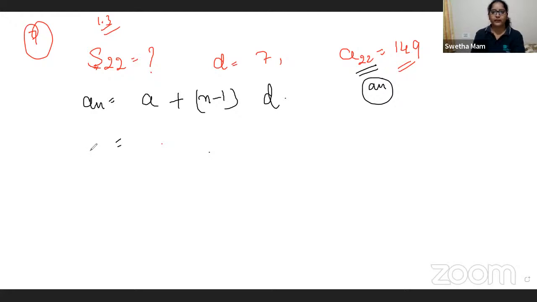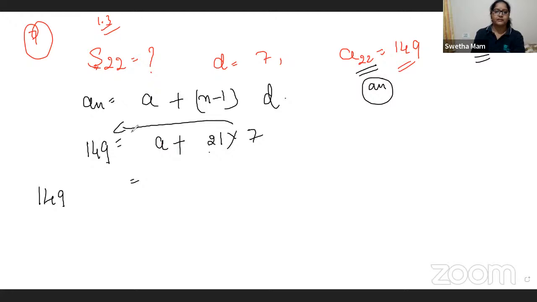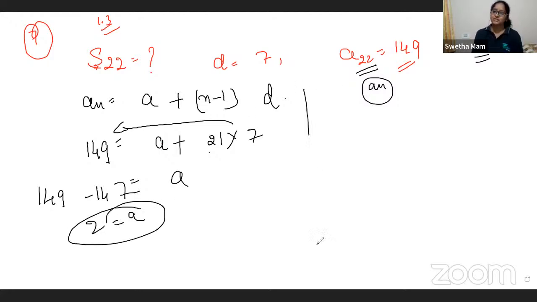An, that is A22, is 149. a we don't know. n minus 1, that is 21. n is equal to 22. 22 minus 1 is 21 and d is 7. So here we get the value of a. 149, take this to left hand side, 7 ones 7, 7 twos 14, so 147, correct? So 149 minus 147, that is equal to 2. The value of a is 2.